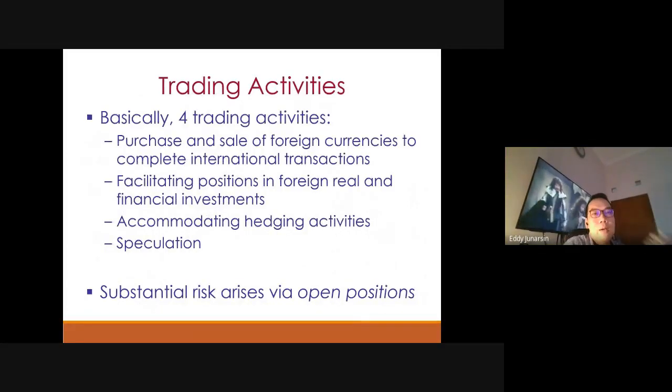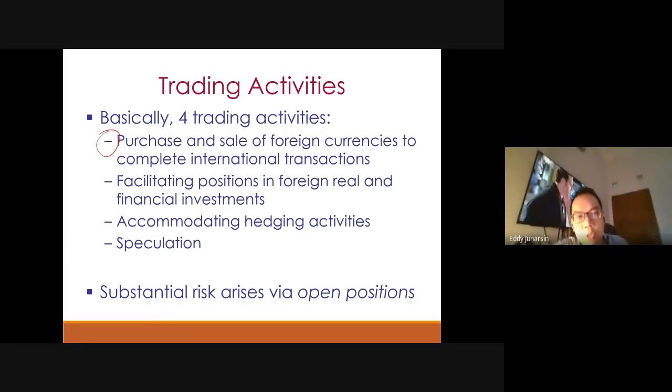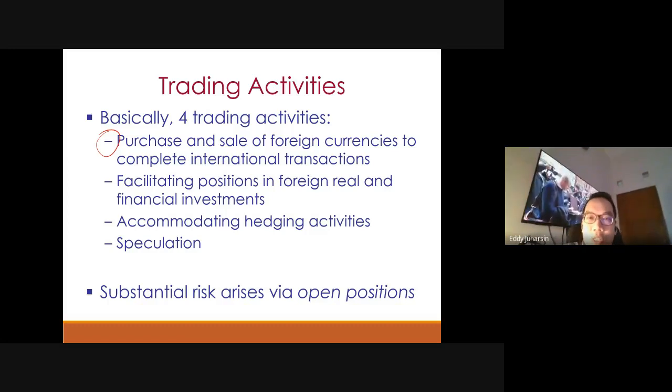Okay, so what are we doing with the currency transaction or trading activities? We have four possibilities, right? The first and foremost possibility is to complete international transactions. So you just buy and sell, right? You need foreign currencies for export and import international transactions. So this is natural.